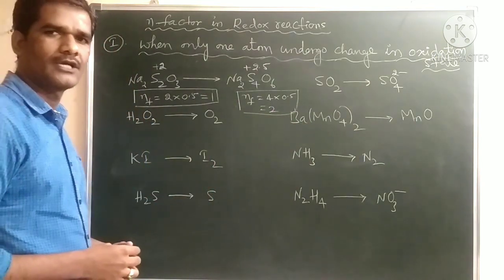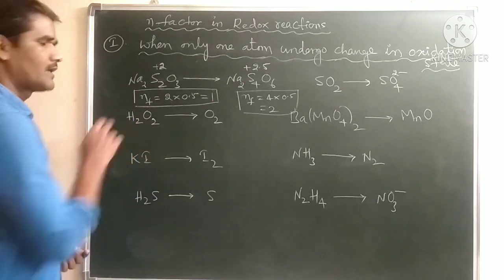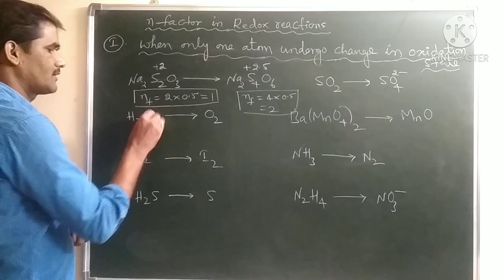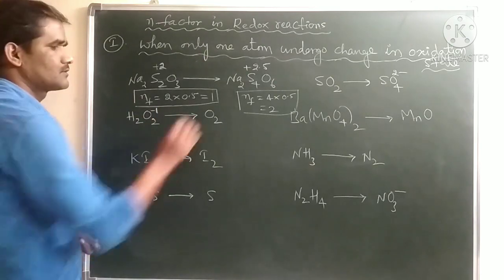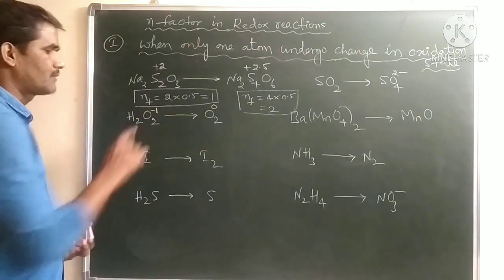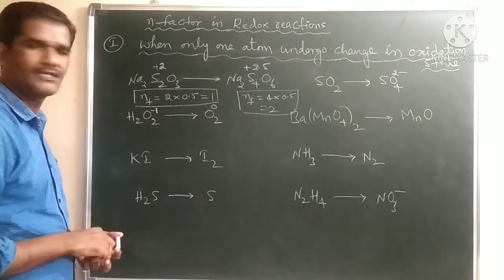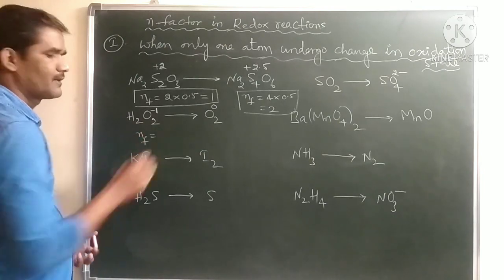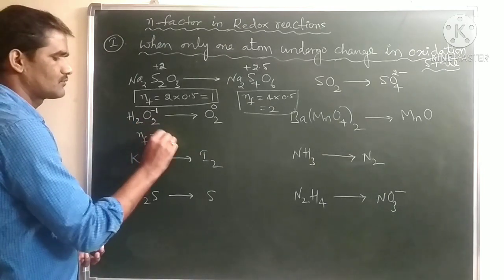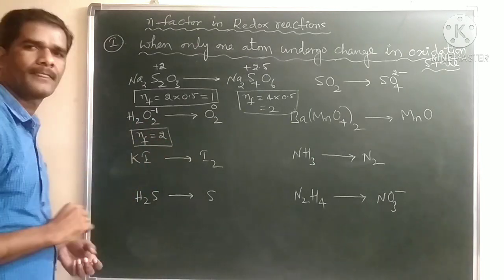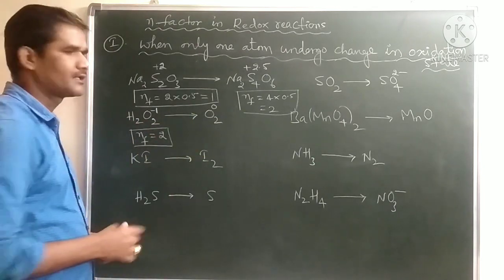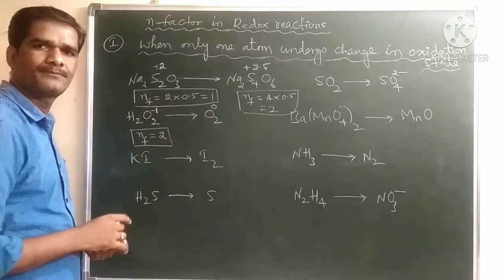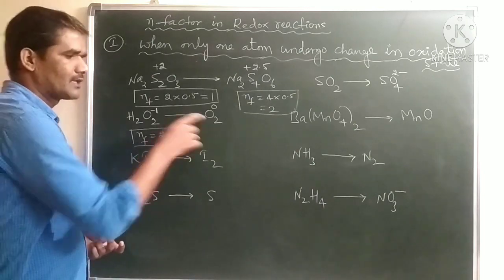For sodium tetrathionate. Similarly, hydrogen peroxide, oxygen has -1 oxidation state in peroxide, changing to 0. Again -1 to 0, 1 change, but 2 oxygens are there here. So n factor for hydrogen peroxide is 2 into 1, 2. Again for oxygen, it is changing from 0 to -1. 0 to -1 means it is 1, but there are 2 oxygen atoms.